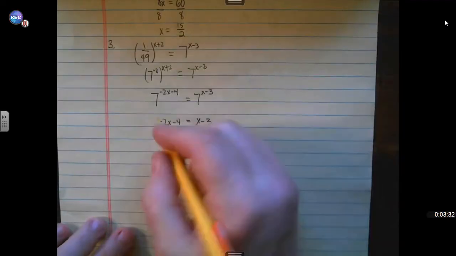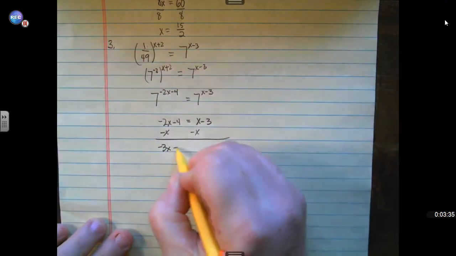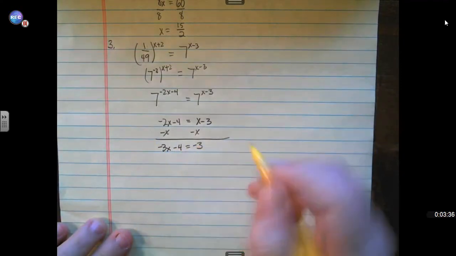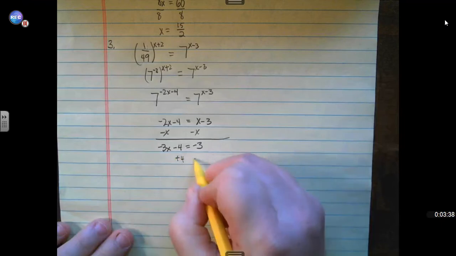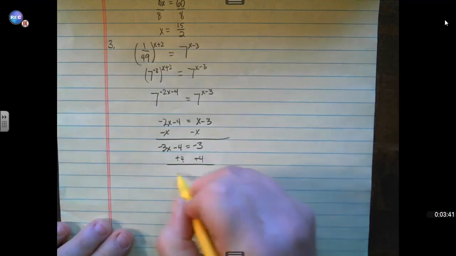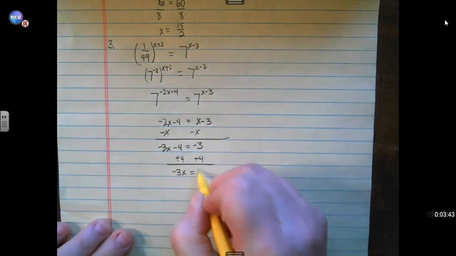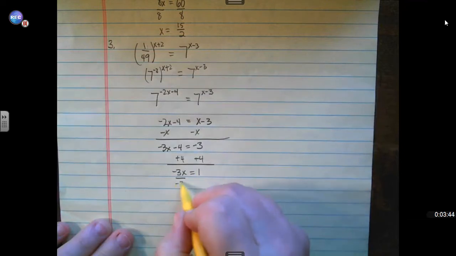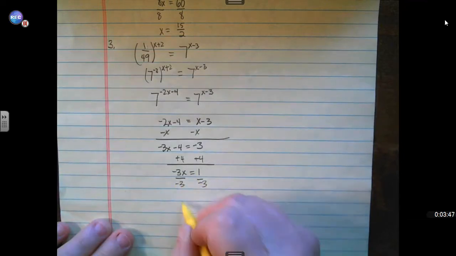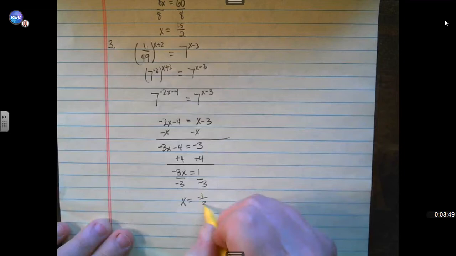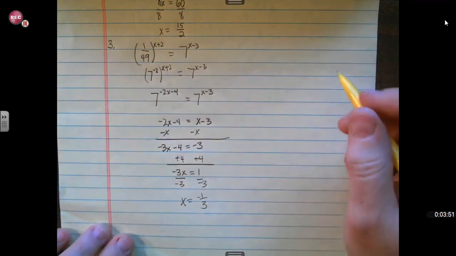And then I would have negative 3x minus 4 equals negative 3. And then I would add 4 to both sides and get negative 3x equals 1. And then I would divide both sides by negative 3. X is negative 1/3 or 1 over negative 3, however you want to write that. Okay.